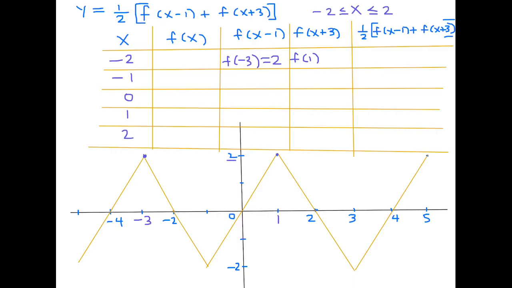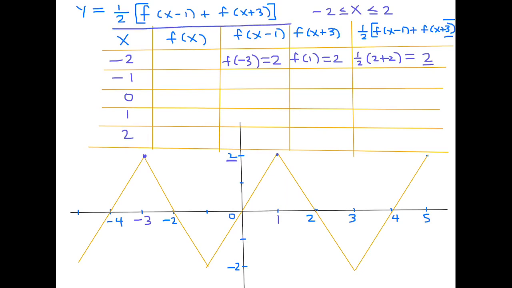Again, it's right there. So f at 1 is 2. So therefore, if you add them and multiply them by a half, you'd get 1/2 times 2 plus 2, which is 2. So f at x is 2 in this case, our big long equation right here.